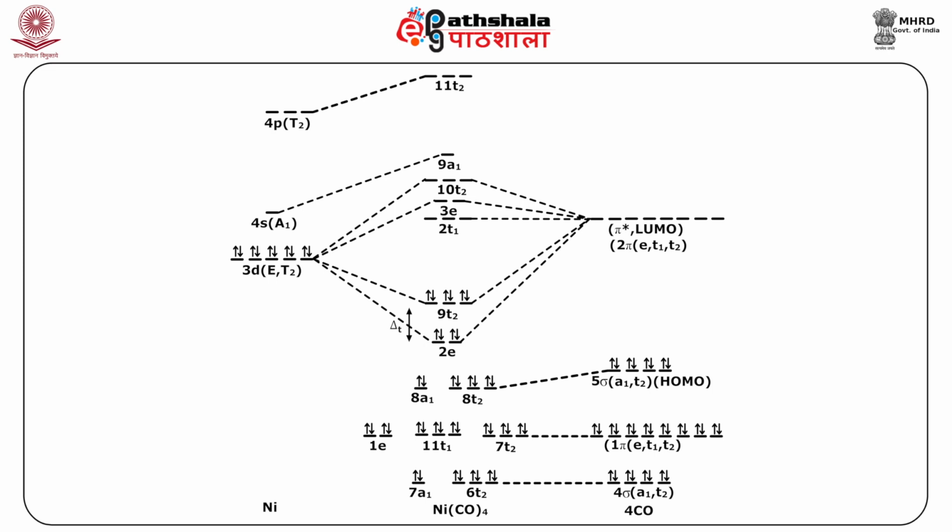In the figure, the orbitals and their relative energies for the nickel tetracarbonyl complex are shown, in which the interactions of CO sigma and pi orbitals with the metal orbitals are small. Much of the bonding is from metal to ligand pi bonding.